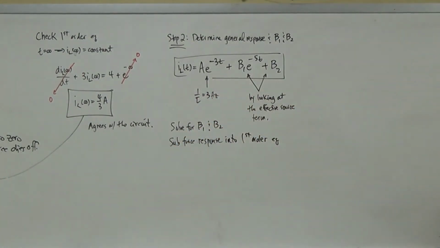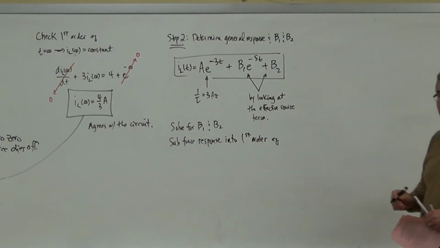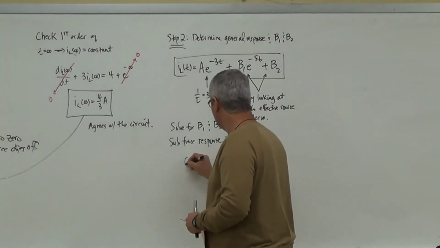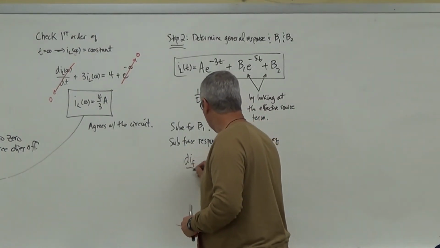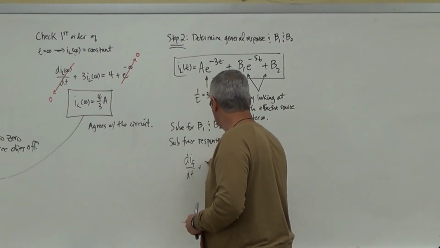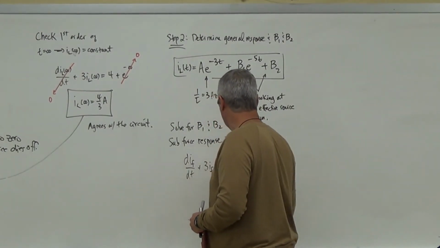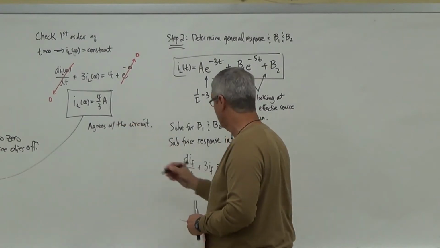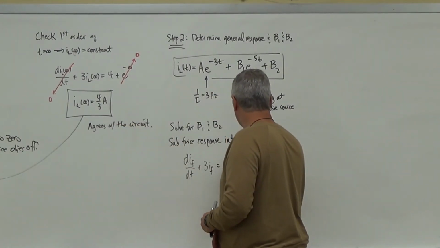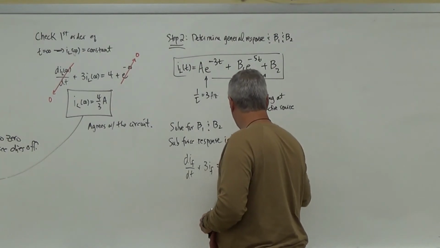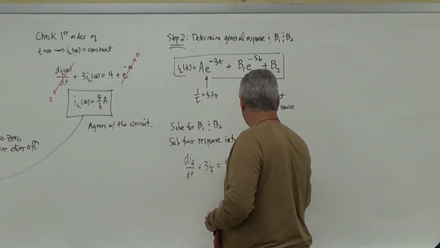Right? I'm going to plug that in. So here I go. I'm going to write dIf/dt plus 3 If equals 4 plus 5e to the minus 5t.